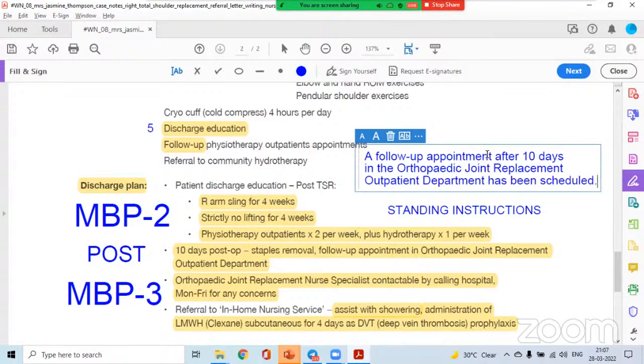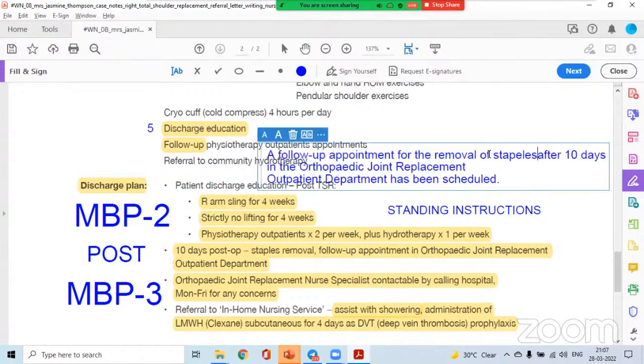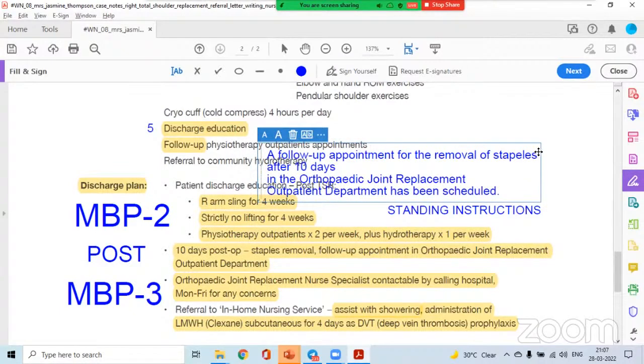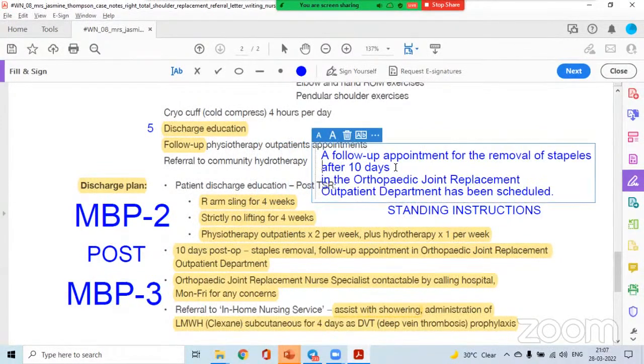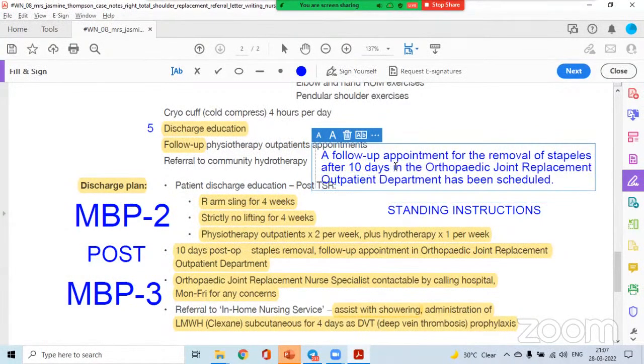Okay, a follow-up appointment for the removal of staples. See how you have to write it, for the removal of staples. Okay. So that's it. Right. Here it is now.